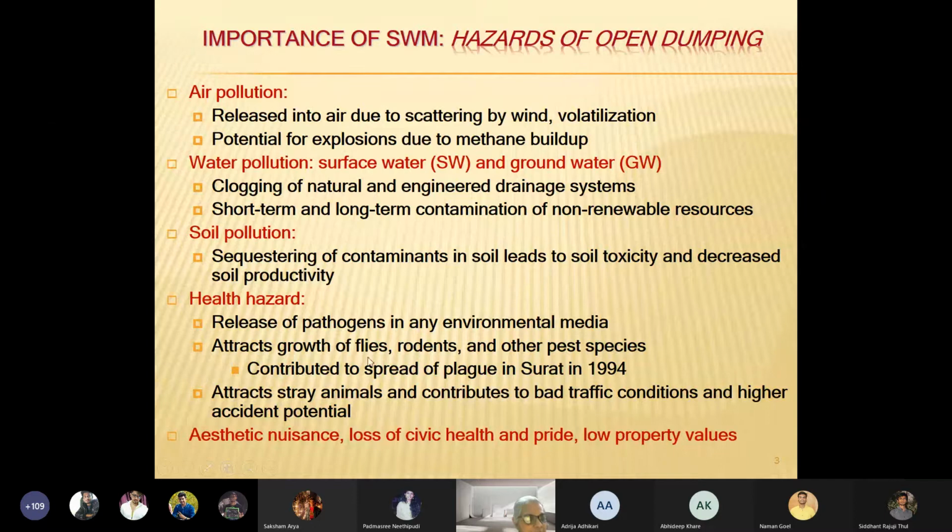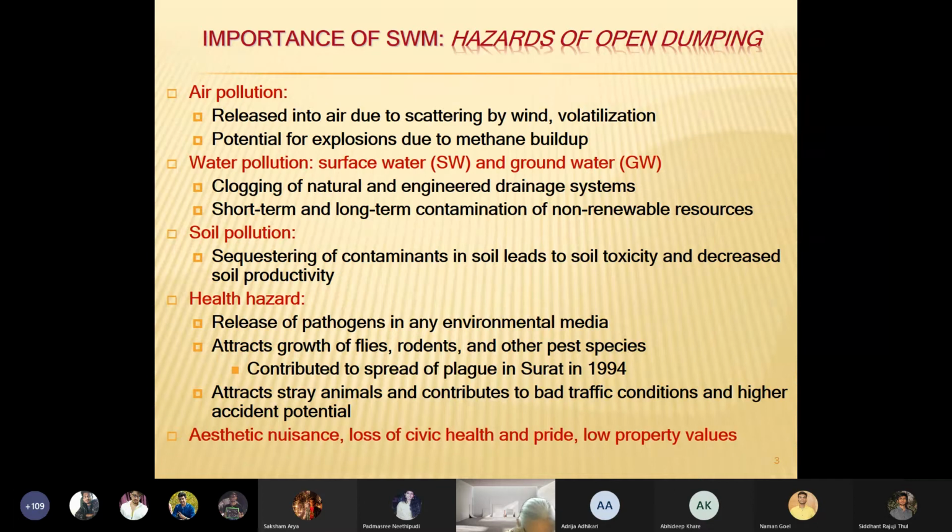of pathogens. And there can be several, and in fact there was an epidemic in 1994 in Surat. There were a very few number of towns that were affected. The biggest one was Surat, and it was a combination of bubonic and pneumonic plague, and the vector in a plague is basically fleas and rats.